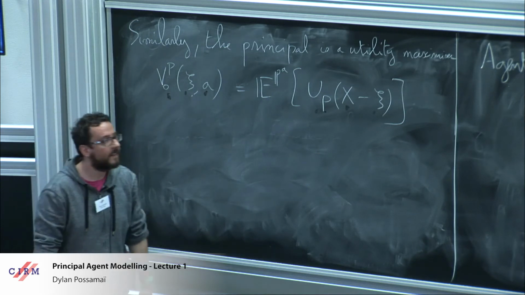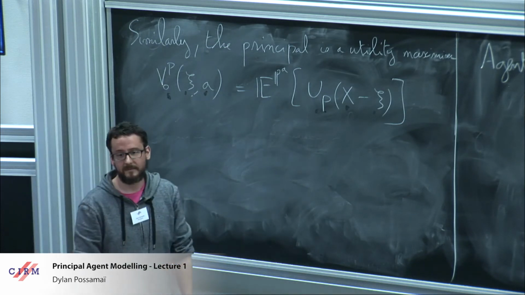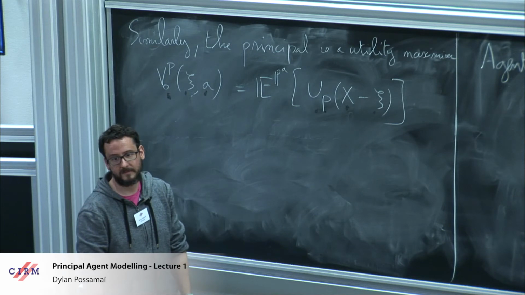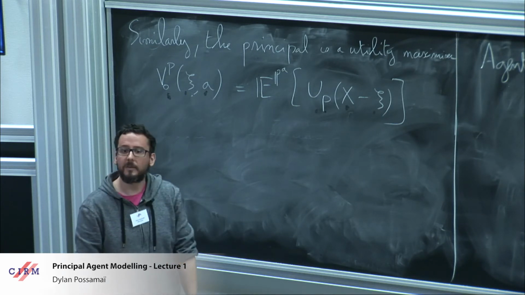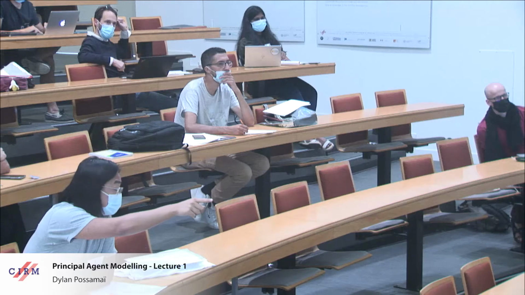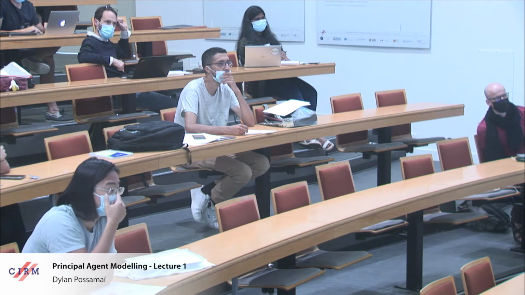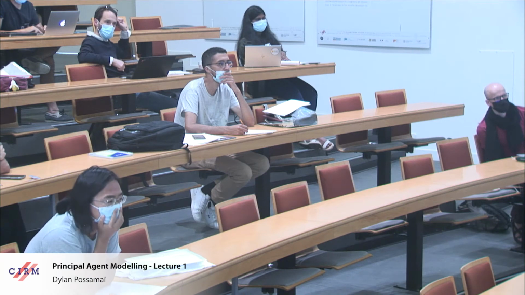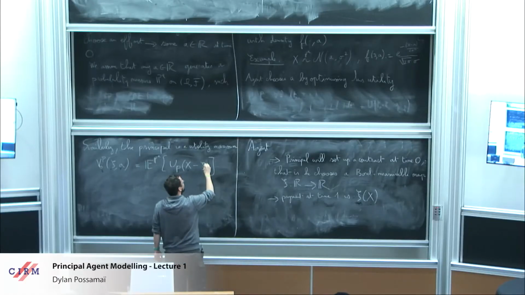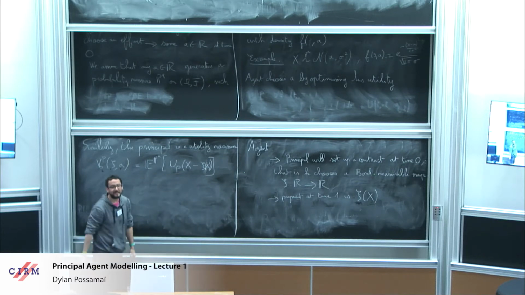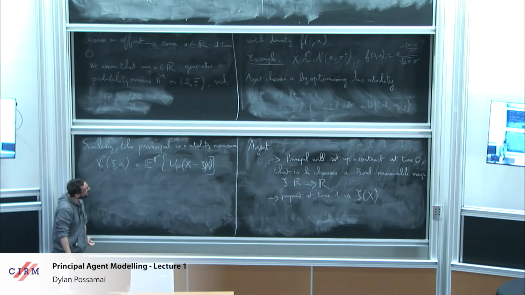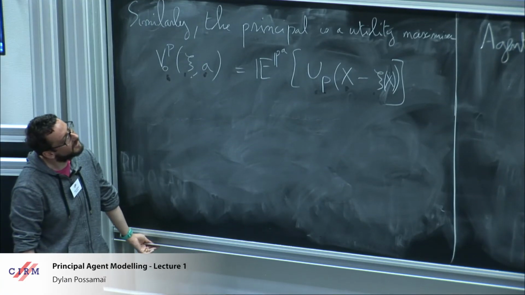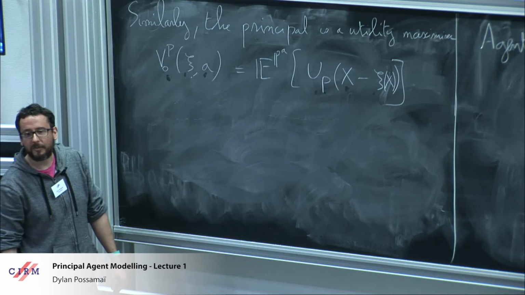X is R valued, and xi is a function of X. Yeah, I haven't written it yet. Thank you. You're right. Xi is a function of X. It's implicit in everything I write, but you're completely right. I should be writing it explicitly as a function of the observation.